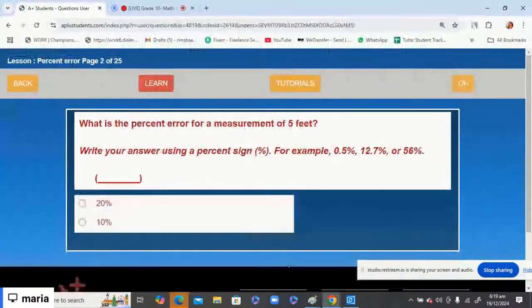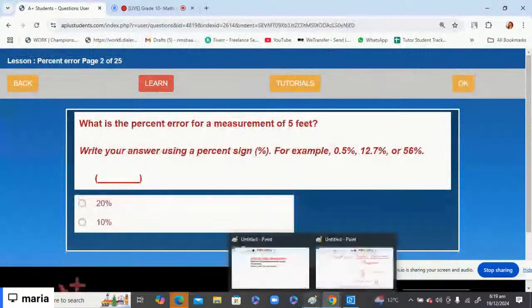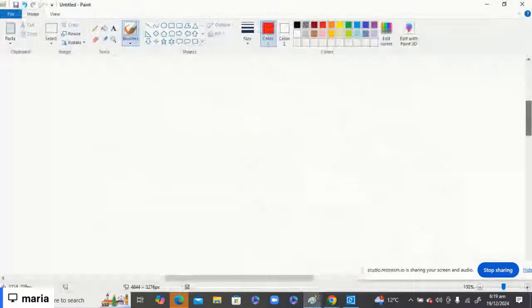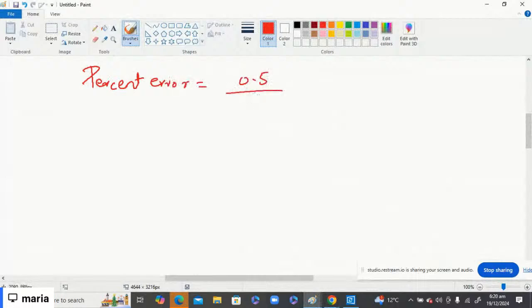What is the percent error for the measurement of 5 feet? The percent error is the greatest possible error over the measurement.